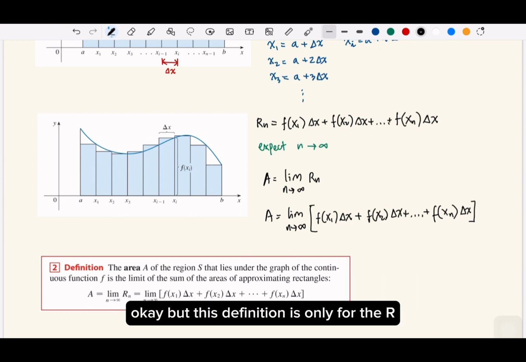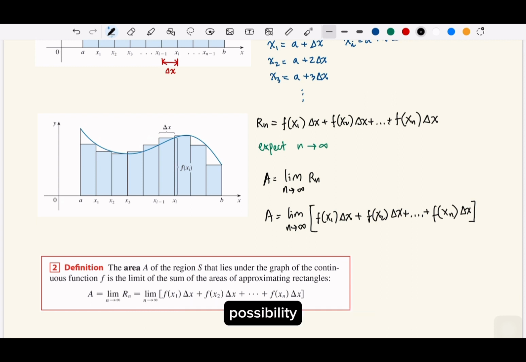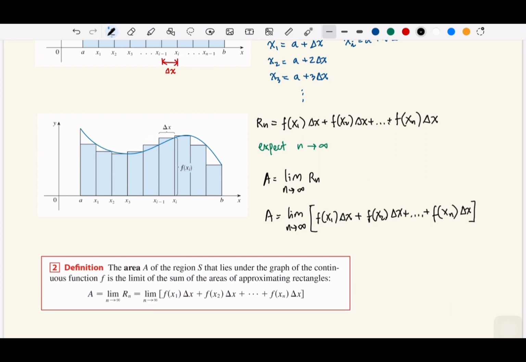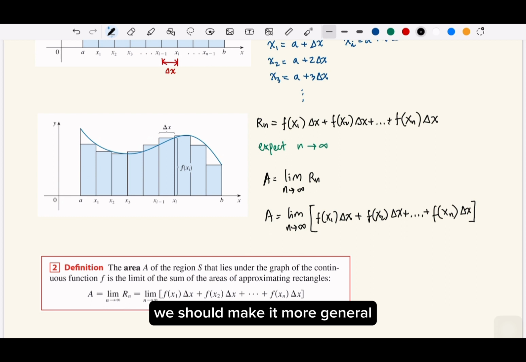Okay, but this definition is only for the R, which means these right endpoints here, because we can also have a left endpoint. But to make some theory for all possibilities, we need to make it more general.